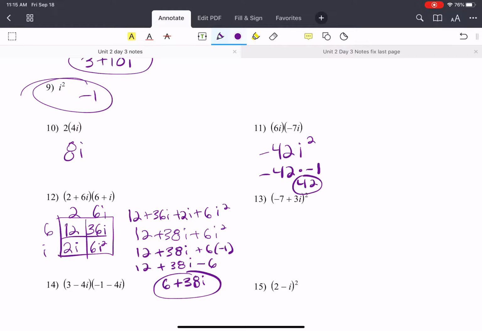Okay? That squared can't be distributed. It means there's 2 of the same thing.